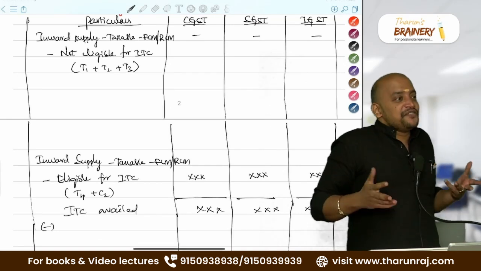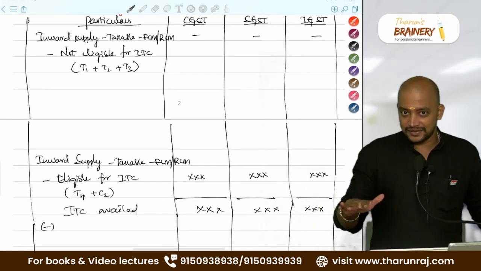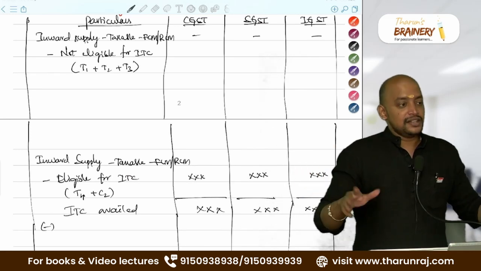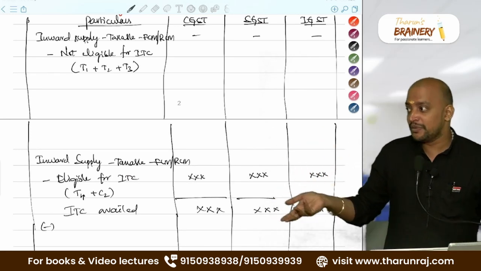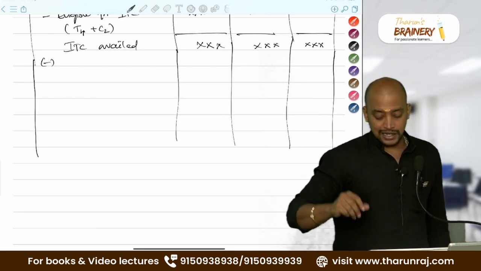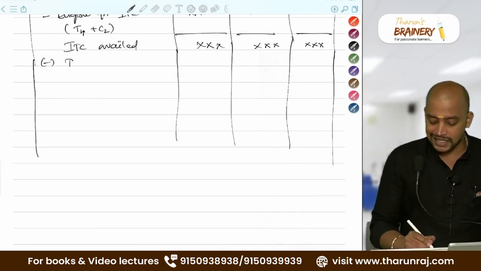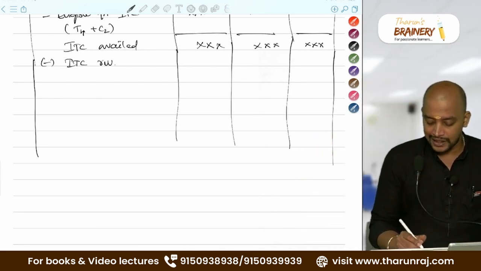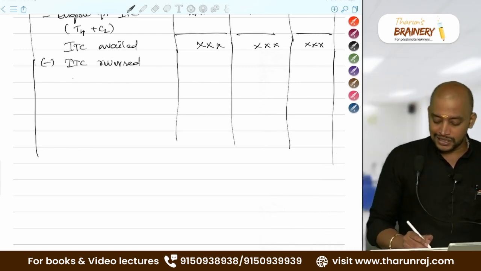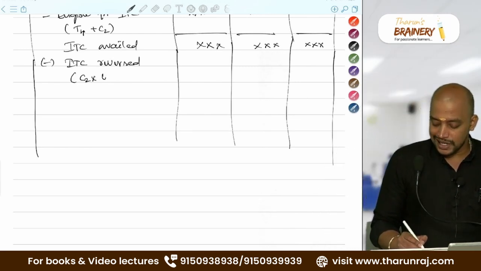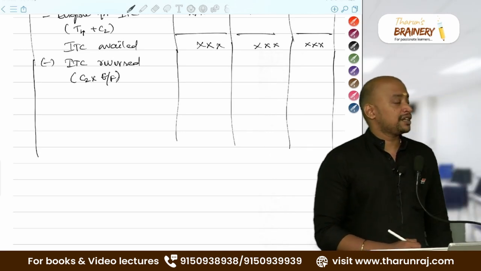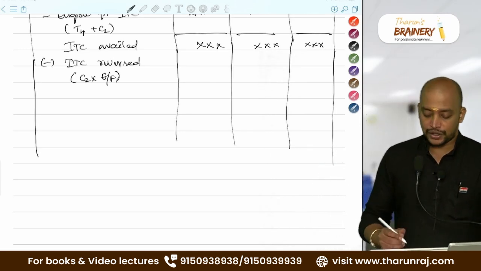See, not every question needs every adjustment, but the template is common. Some adjustment may be there, some may not, so reversal may not arise sometimes. So minus ITC reversed. What is it? C2 into E by F: common credit into exempted turnover divided by total turnover.